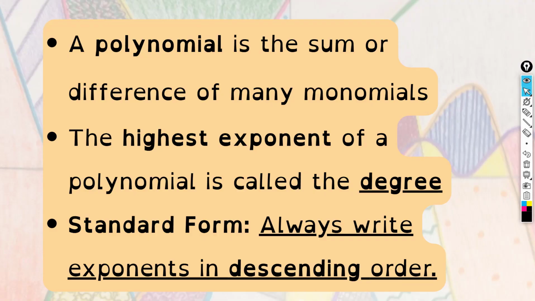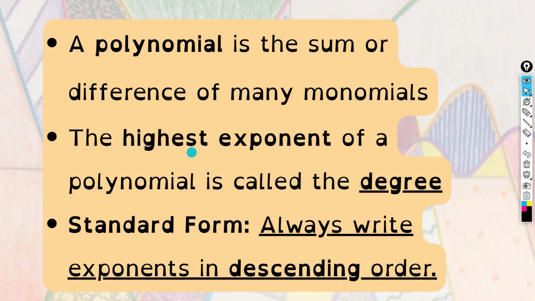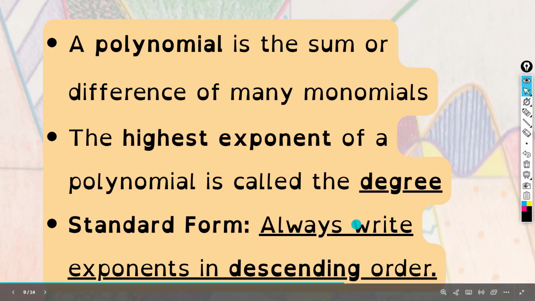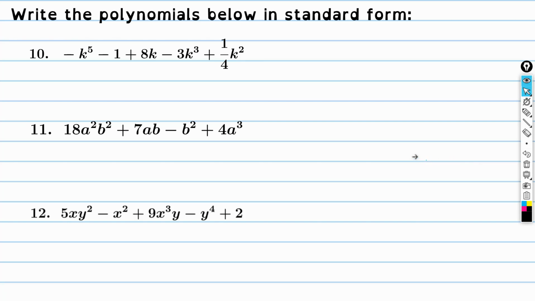So now, a polynomial is a sum or difference of many monomials, like this. And so the highest exponent of the polynomial is called its degree, and that's its power, and we'll call it by what it is. In the standard form, we always write the exponents in descending order. So if we look here, we've got to come up with what is my highest power.